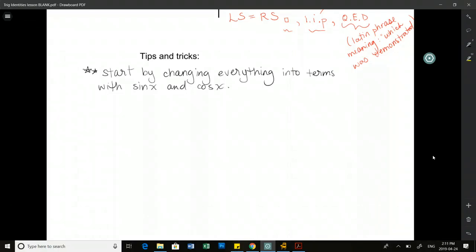They can be thetas, they can be anything, doesn't matter. But they're x's on your identity sheet, so I'm just putting them as x's here. Okay, this is the biggest tip. If you ask me a question on a proof and you haven't done this already, that will be what I tell you to start with. So this is the very first thing that I usually always do.